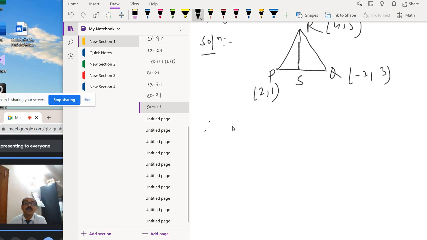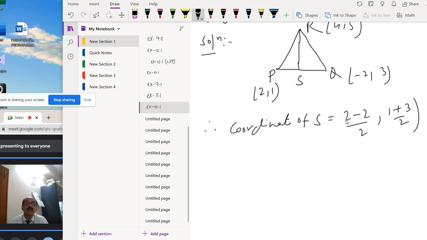Therefore, the coordinate of S, use the midpoint formula: x1 plus x2 by 2, y1 plus y2 by 2. That is 2 minus 2 by 2, which is 0, and 1 plus 3 by 2, which is 2.